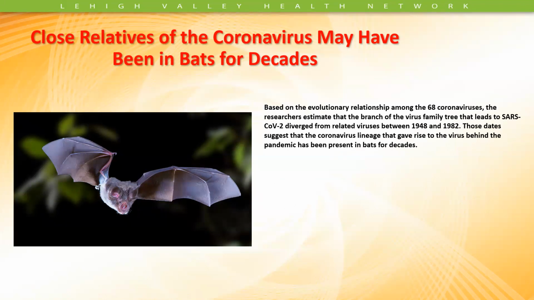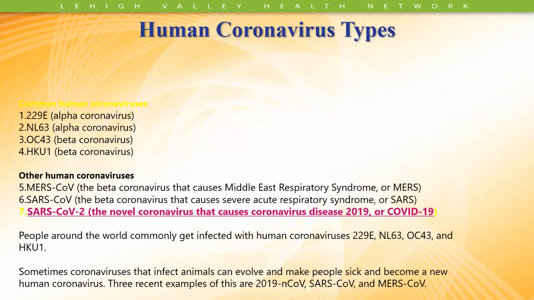Now, I'm not going to blame the bat and say that the bat is responsible for COVID-19. That would be totally incorrect at this point. And bats have a very, very important ecological function. There are a host of coronaviruses that have been seen in humans, okay? And there have been other coronaviruses that have caused epidemics, but never manifested into pandemics.